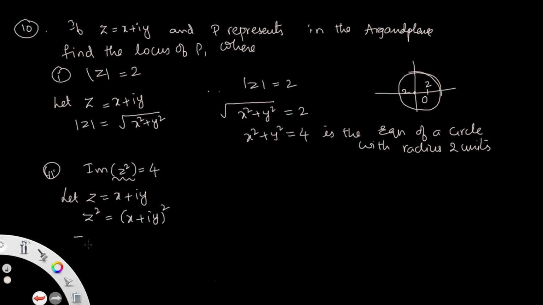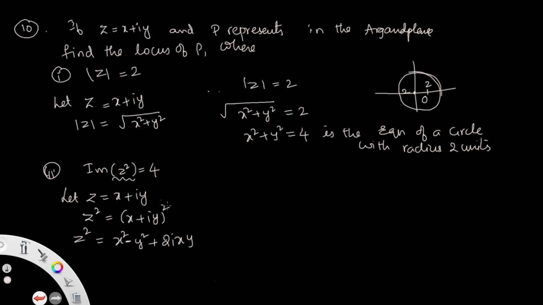So z square equals x square plus (iy) whole square, and (iy) whole square means i square y square. I square means minus 1, so it becomes x square minus y square, plus 2 times x times iy, that is 2ixy. This is the value for z square.